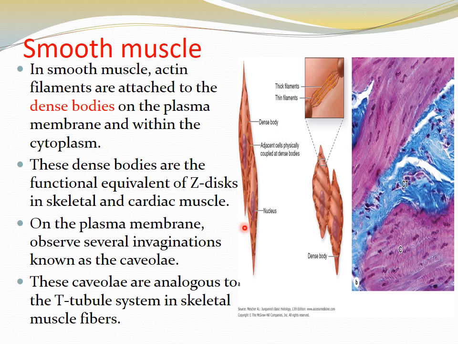And on the plasma membrane you can observe several invaginations, and these are called caveolae, and these caveolae are analogous to the T-tubule system in the skeletal muscle fibers. So the calcium is sequestered into these contractile elements through these, and then is transported inside, and the action potential is generated. And the calcium binding protein in the smooth muscle is calmodulin.